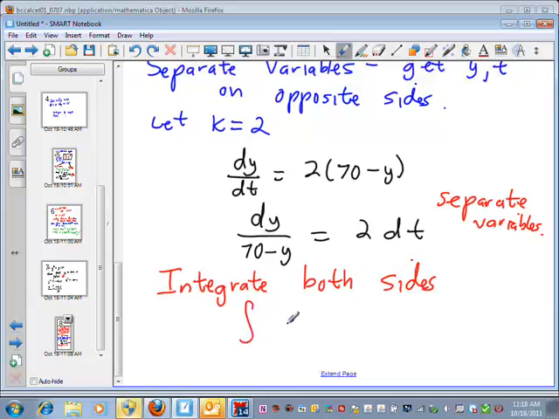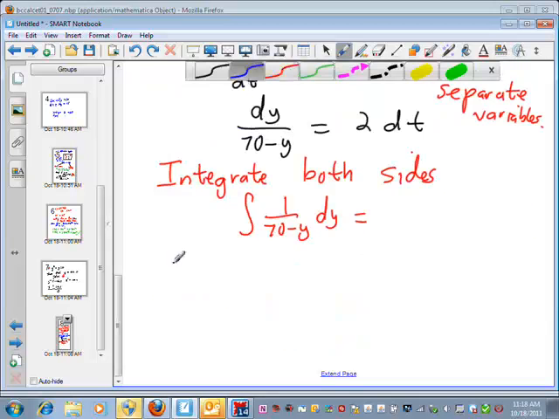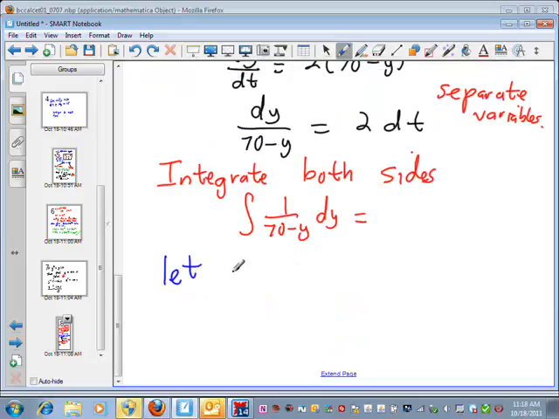We need to know how to integrate this. The antiderivative of 1 over (70 minus y) dy, what is that? How would we do that? Let u be 70 minus y, and du is minus dy.